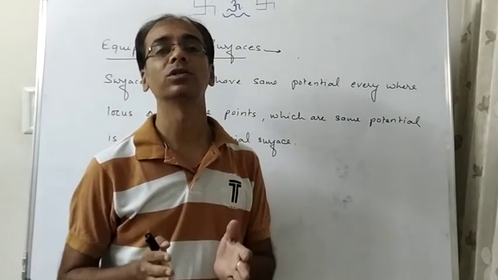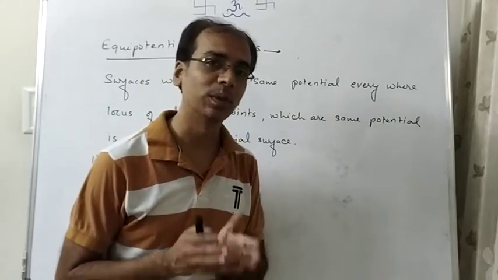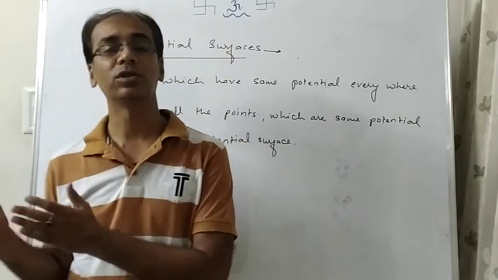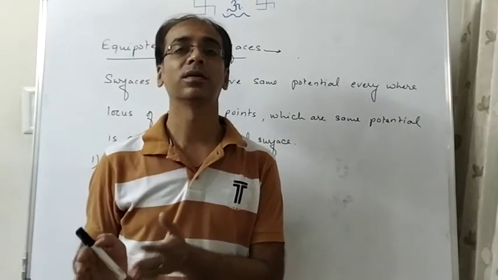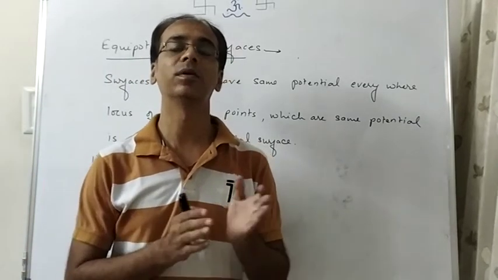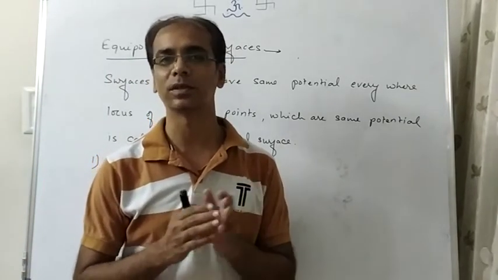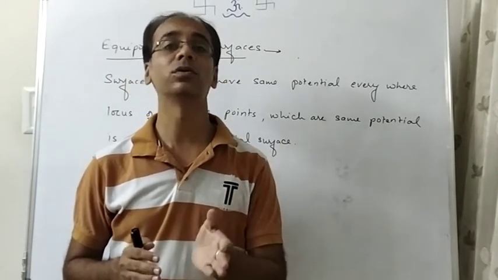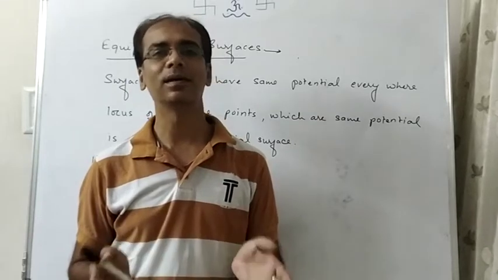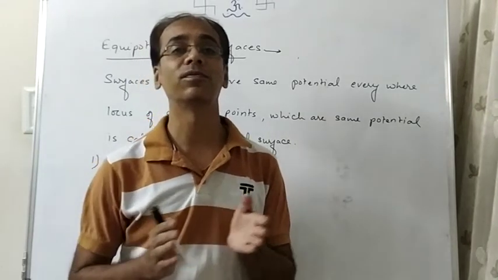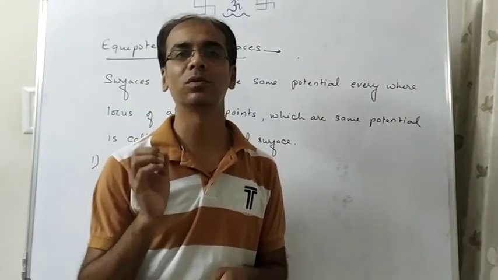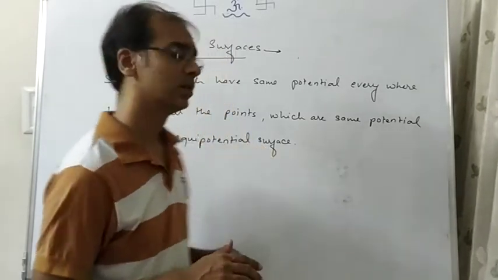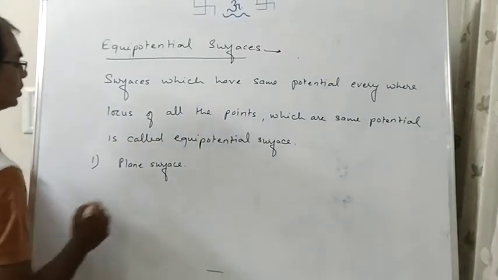A plane equipotential surface is possible when the charge is kept at infinite distance. And as there rays were perpendicular to the wavefront, here electric lines of force will always be perpendicular to the equipotential surface. Able to understand? So the plane surface is the first one.